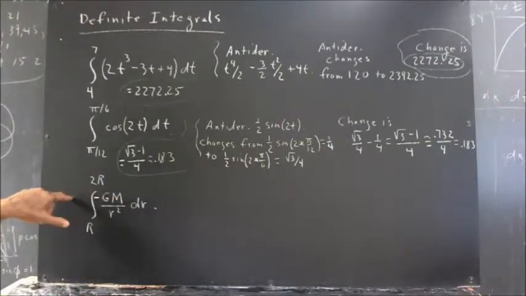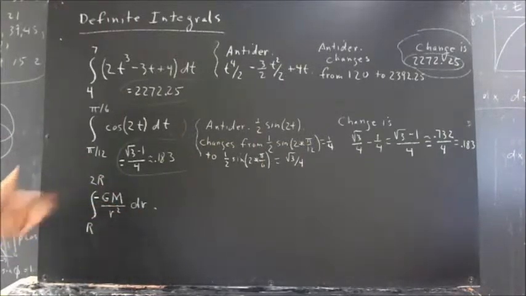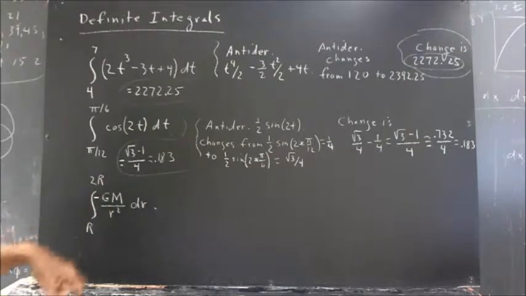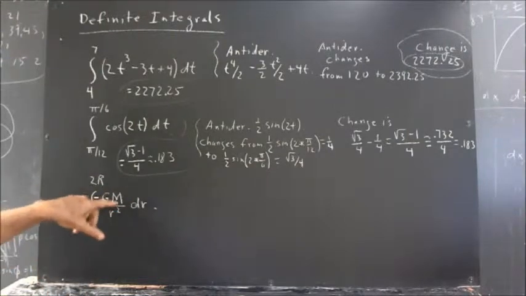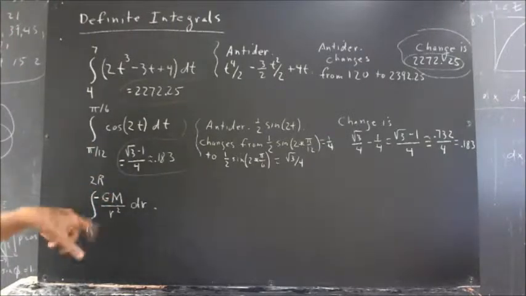We can factor this out and do the integral of 1 over r squared dr and multiply that by negative GM. But I'm just going to go ahead and write out the antiderivative of this expression. I don't have this factored out of the integral sign, so we're going to include it within the antiderivative function.